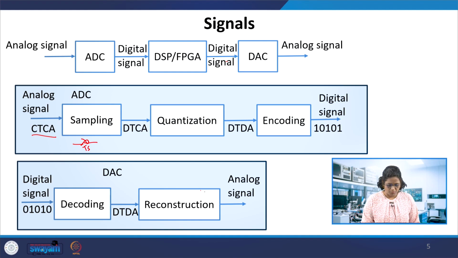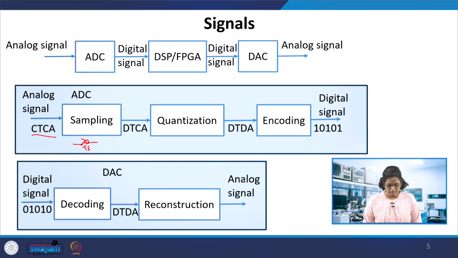After decoding, it is passed on to the reconstruction process, in which a low pass filter or the interpolator, sample and hold circuits are used. Zero order hold, first order hold, all these interpolators come into the picture of the reconstruction process, and then we get the analog signal.